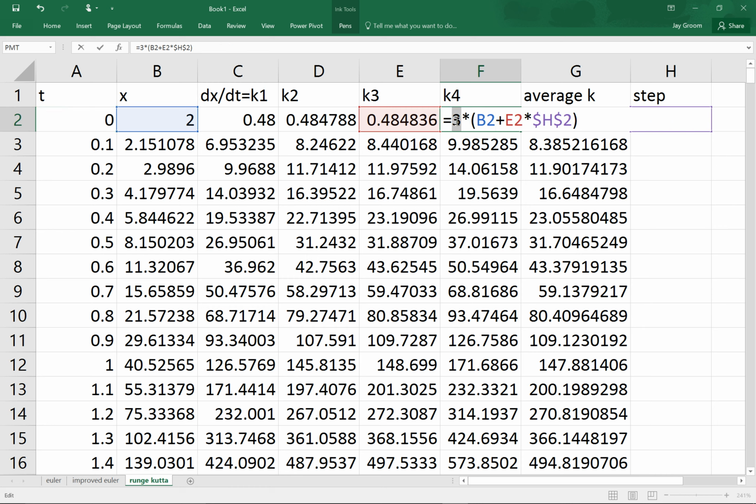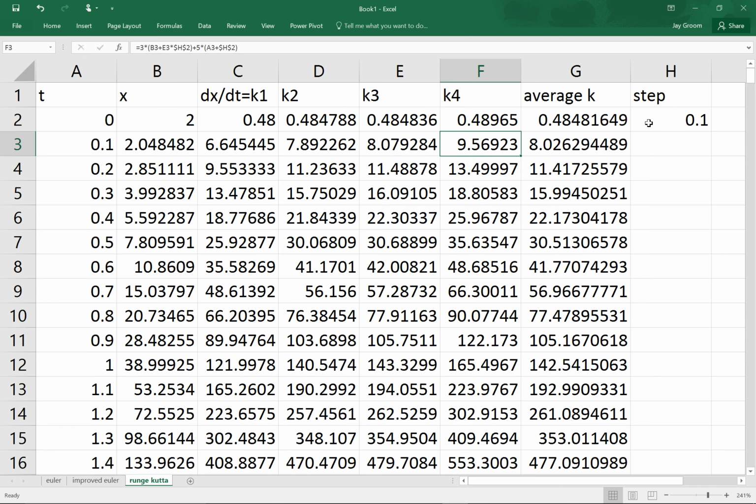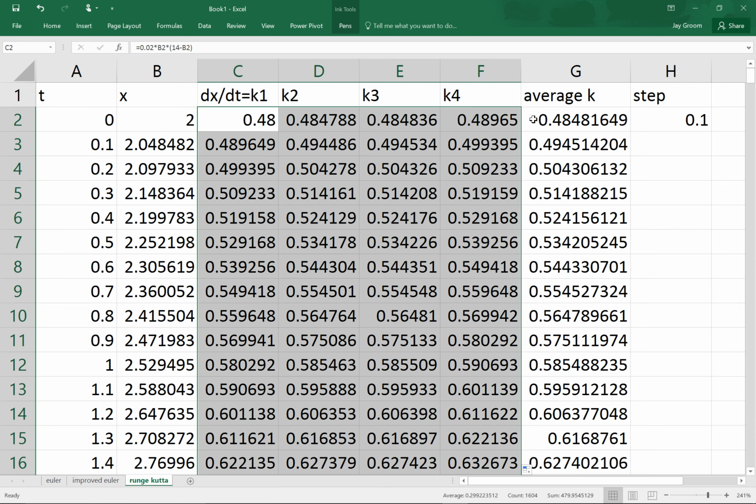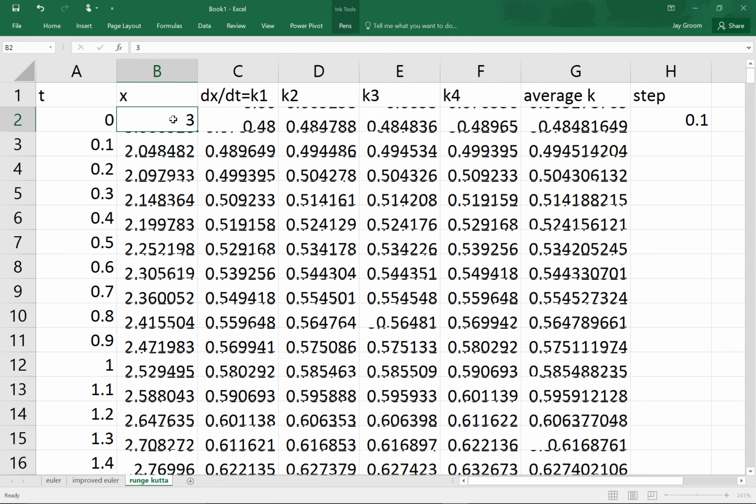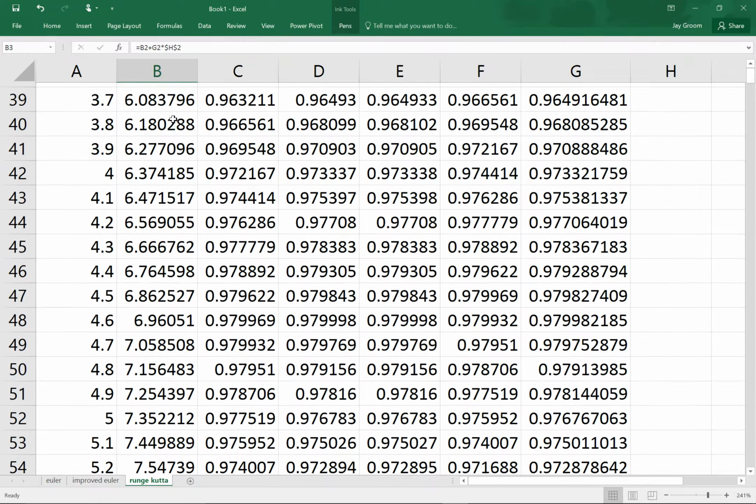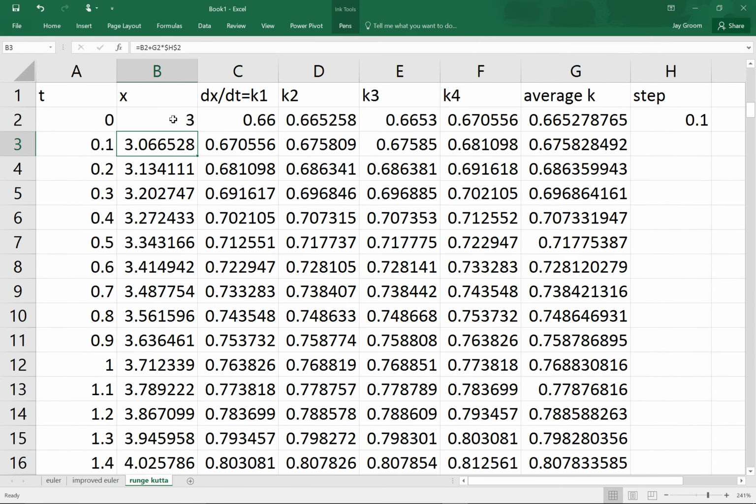And then again, 0.02 times 14 minus this piece. Nice. Now these four have been updated. If you paste them down by double clicking, change that to a 3, we should be good to go. Oops, I didn't update my step size apparently.